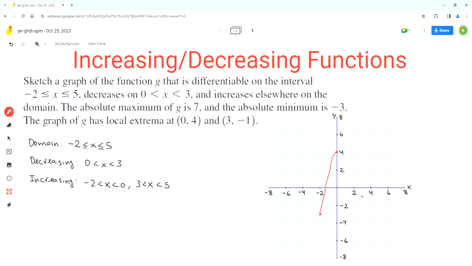And on the right side of x equals 0, the graph should be sloping downward because any tangent to that graph should have a negative slope. So that means our next local extremum (3, -1) will be a local minimum. So now we can draw the curve between x equals 0 and x equals 3. So we can show it like this.